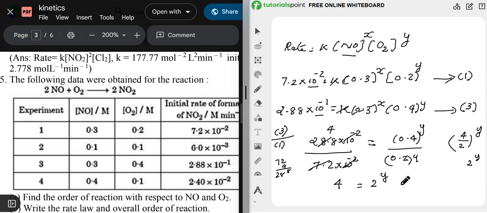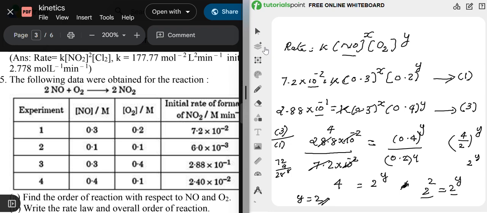So 4 I can write as 2 raised to 2. So 2 raised to 2 is 2 raised to y. Here the base is the same, so the power also will be the same, right? So y is equal to 2, I got. That means the order with respect to oxygen is 2.